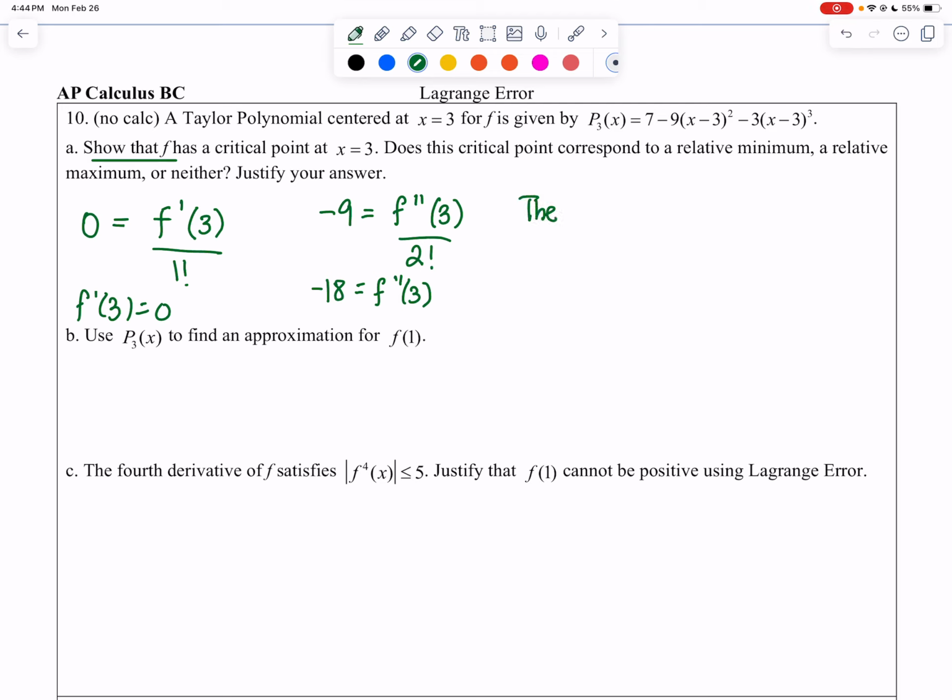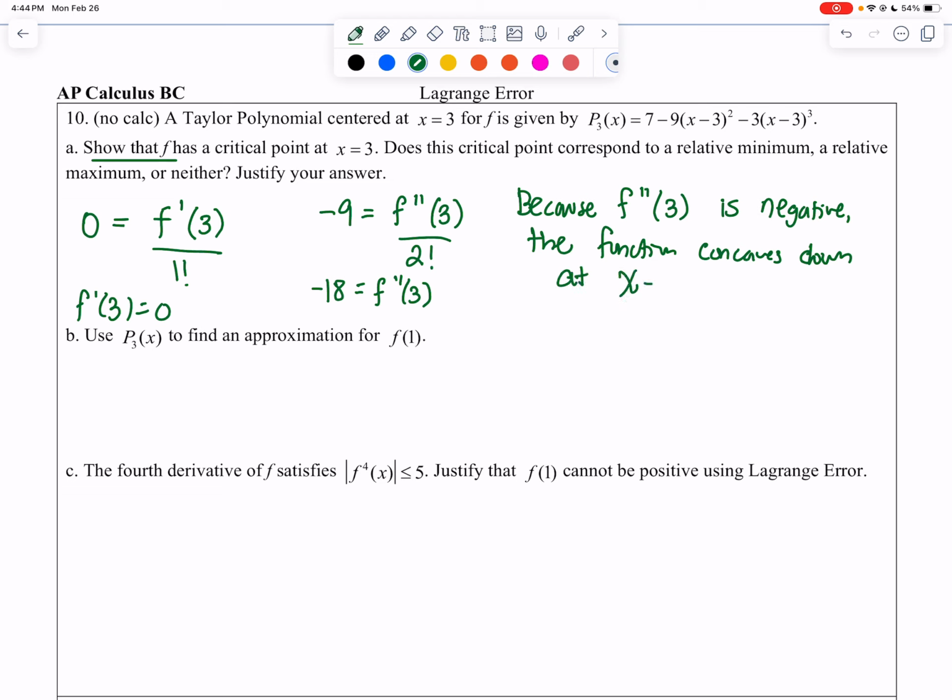So the function, well, because f double prime of 3 is negative, the function concaves down at x is equal to 3, which means there is a local maximum at x is equal to 3.